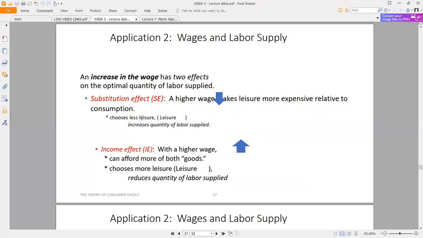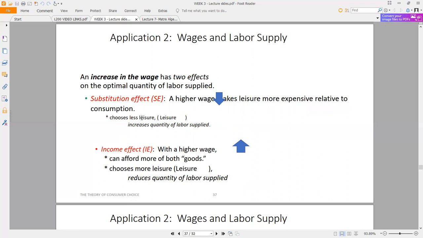So assuming there's an increase in the wage, let's look at the substitution effect. Now, you are thinking of having time for leisure, and we are saying that the cost of leisure is the hourly wage. So if there's an increase in wage, then it means that now leisure has become more expensive.